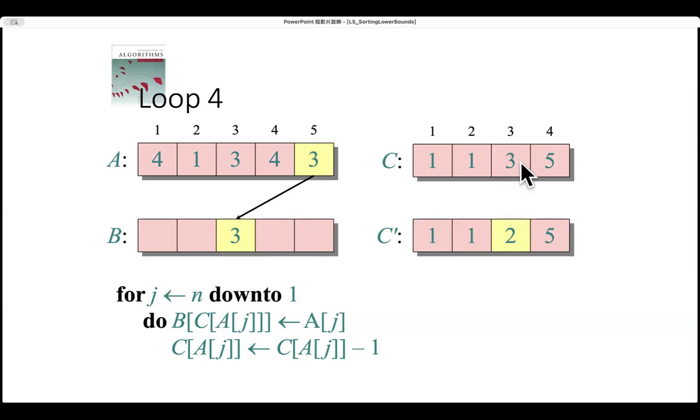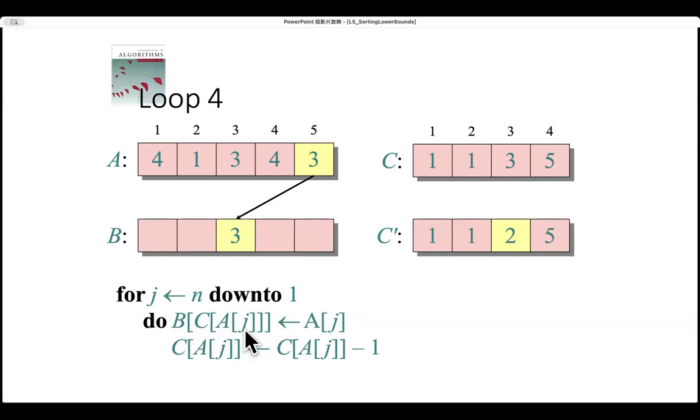As I said, this indicates the number of values that are smaller or equal to 3. So in other words, you should put this value in the third position of array B. So you copy this one to here.